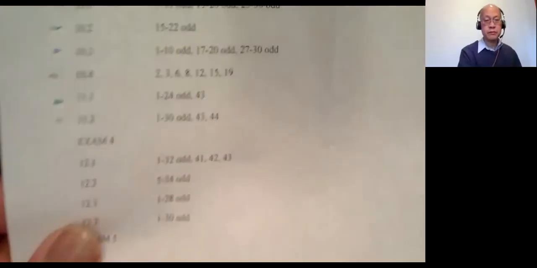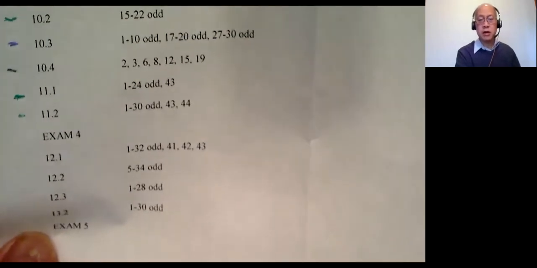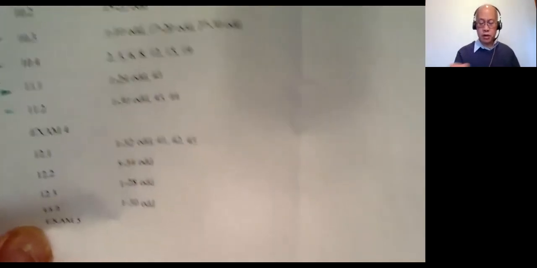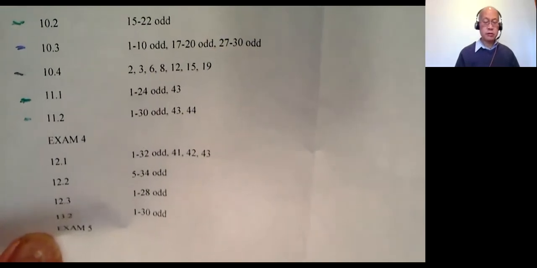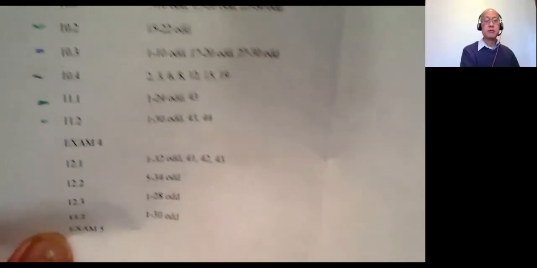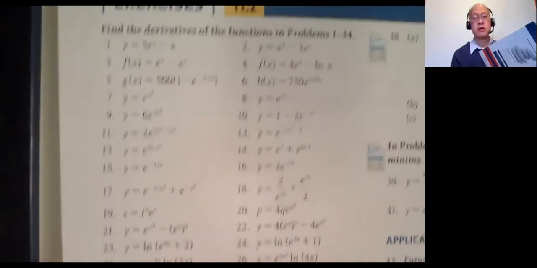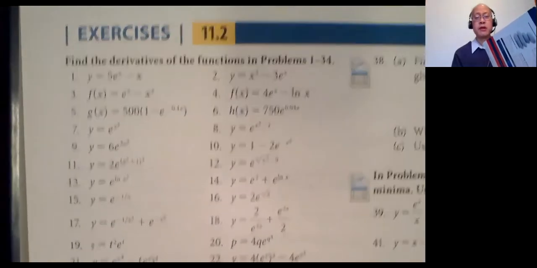Okay, so again, I'll show you. We have 11.2. I'll start it. 1 to 30, odd, 43, and 44. Okay. So I'll do some now, which will just make it easier next time. And for those of you who don't have the book and aren't getting it, so 11.2, page 706. So find the derivatives.